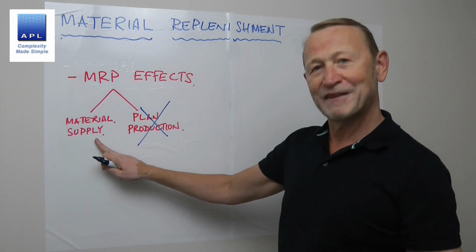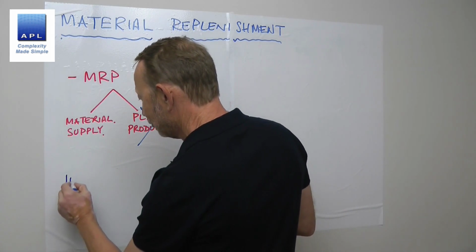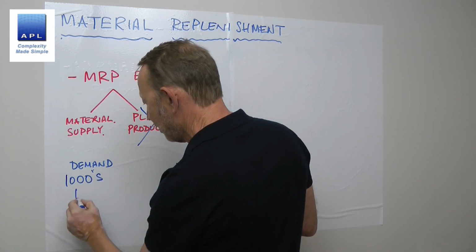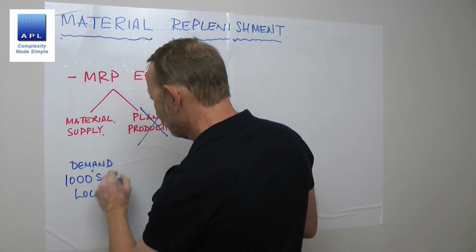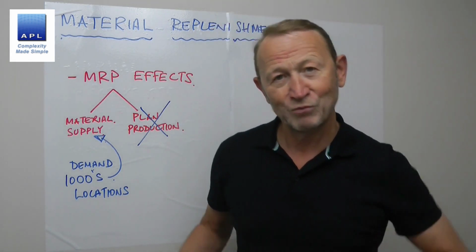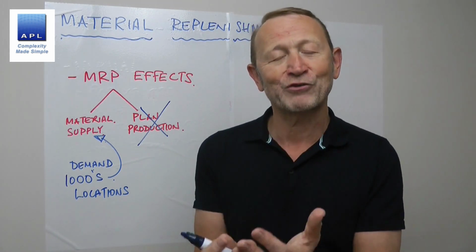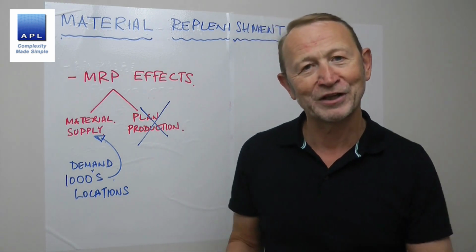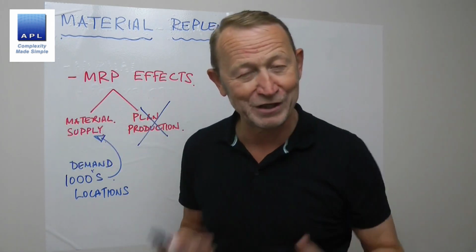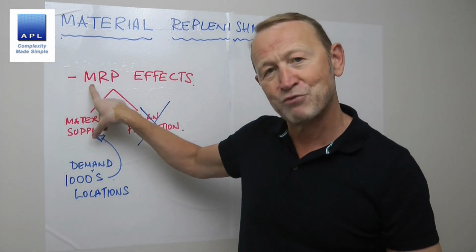Well, of course, the MRP system is brilliant at this, because you're going to take demand from thousands of locations, sum it all up and say, we need 4 million cows this year. We need 4,000 tons of potatoes this year. Whatever the aggregate value is. And of course you're going to spread that out over a 12-month period, or over a 52-week period. The MRP system is brilliant at this.